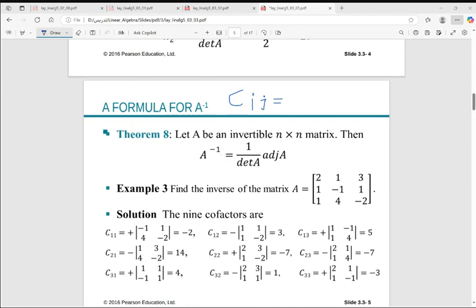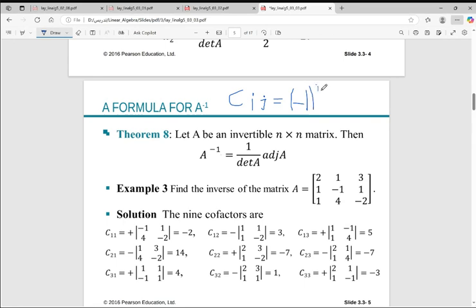So please repeat: -1 to the power of 1 plus 1. No, as I remember, it's not. It's -1 to the power of i plus j.